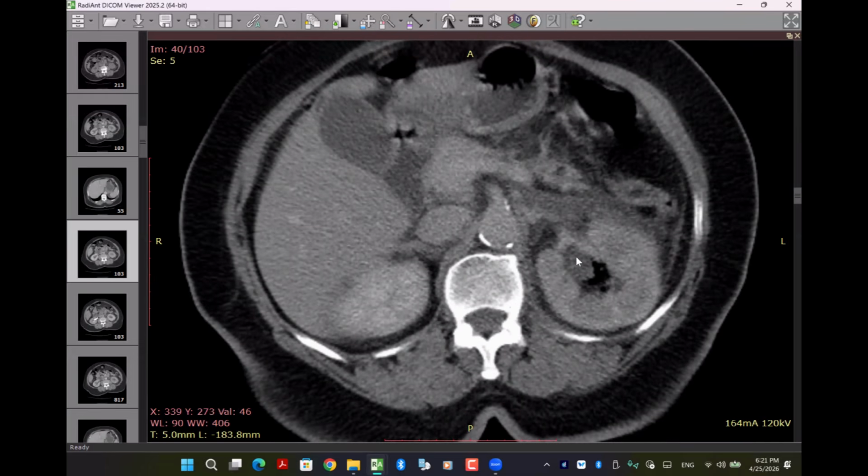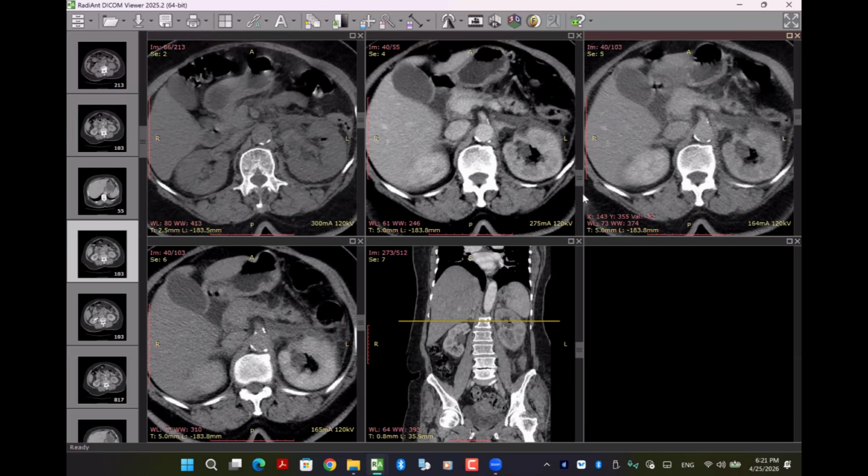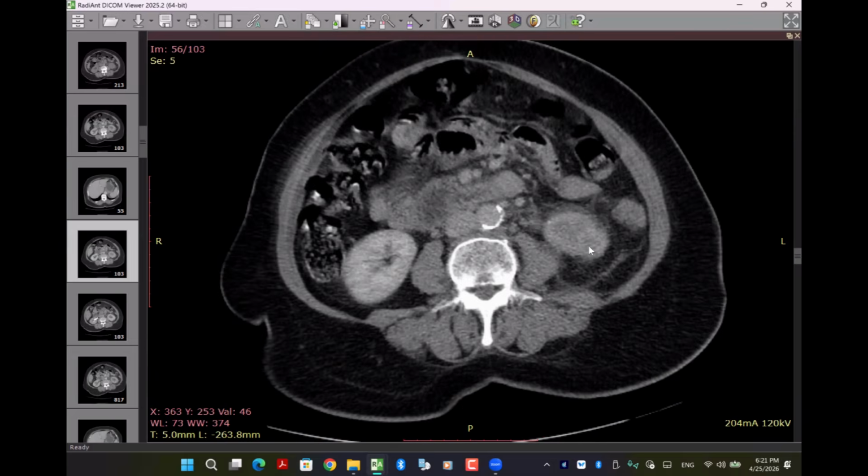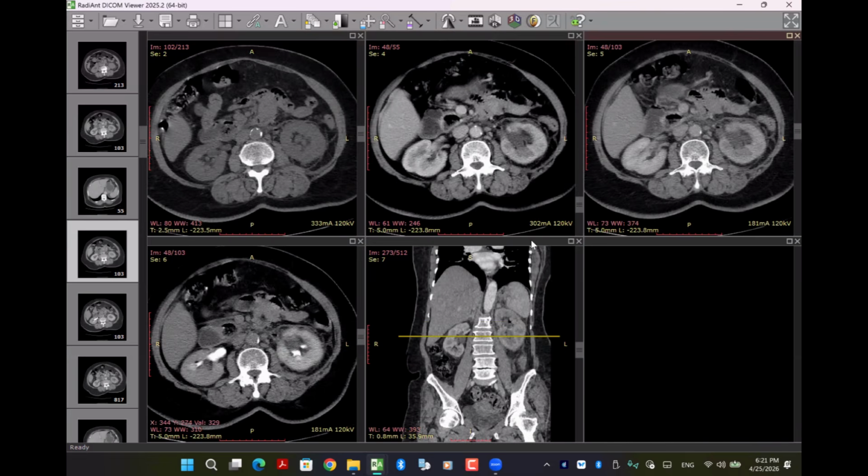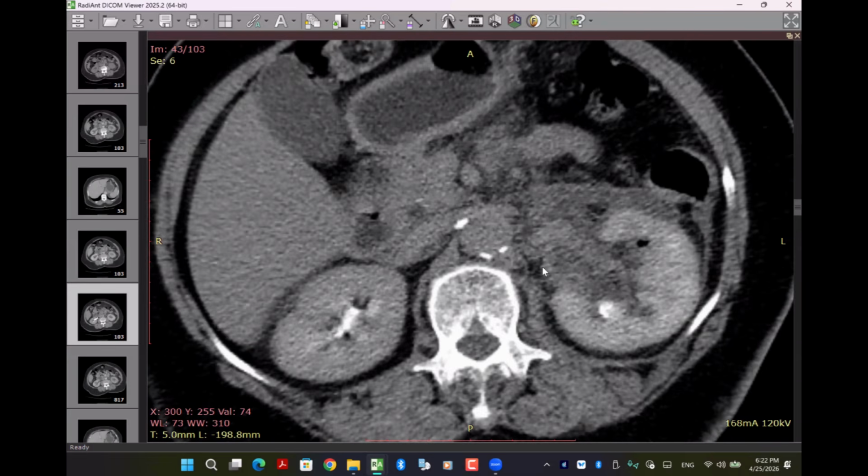As we stated earlier, what should you search for in this case? Will you be satisfied in this case, or will you ask for the delayed images? I will look at the delayed imaging also to see the excretion of the kidney.